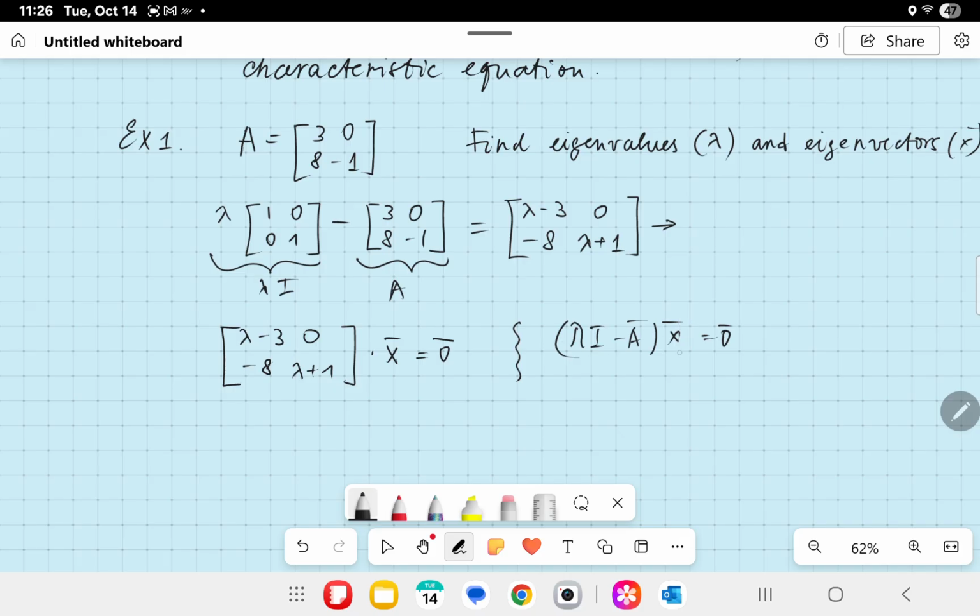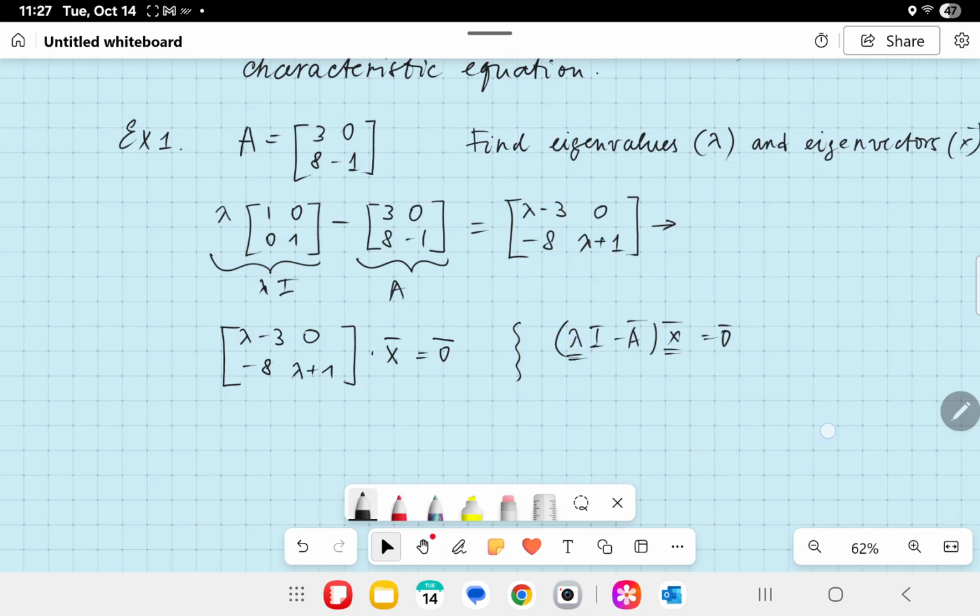That's the equation we are actually solving for lambdas and for x's. It's interesting that we do have two kinds of variables here, right? We have eigenvalues, which are lambdas, and eigenvectors, which are x's.